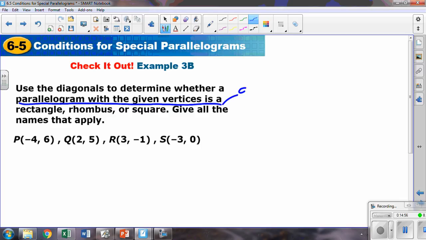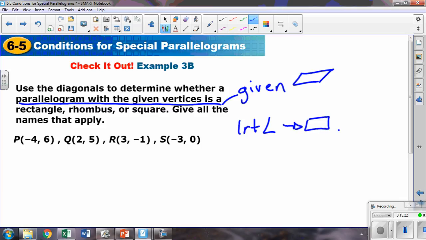These directions are telling us this is a parallelogram. We don't have to check for that. We're told it is. And so really the only thing we have to start checking for, if we've got one right angle combined with being a parallelogram, that's going to give us our rectangle.